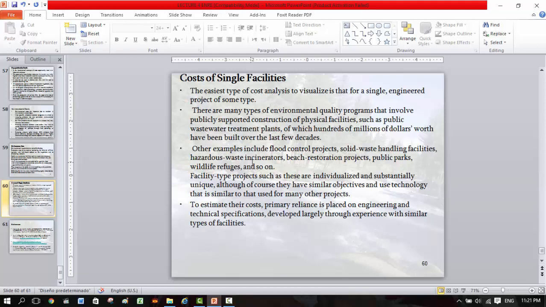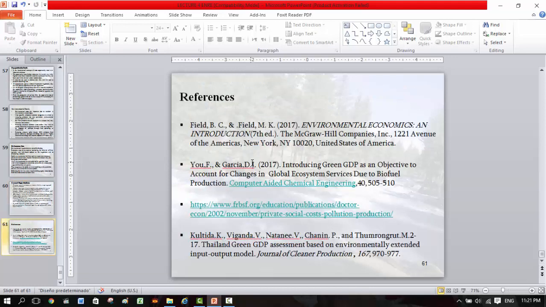Summarizing the discussion, the cost of single facilities is relevant to those environmental control programs like flood control, solid waste control, specific air pollution projects, and so on. So this was the cost side of the benefit cost analysis, and these are the detailed references for this lecture.